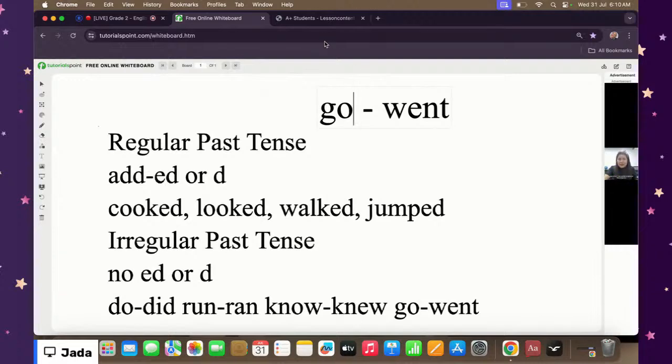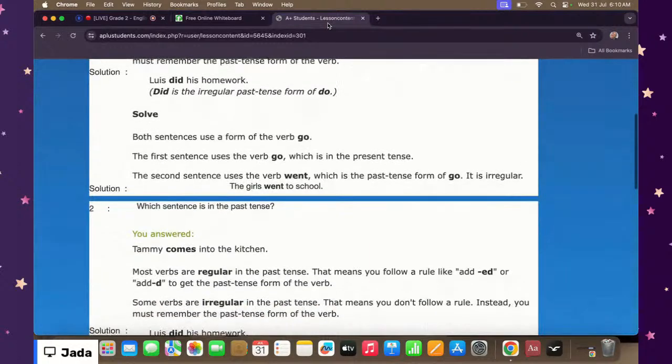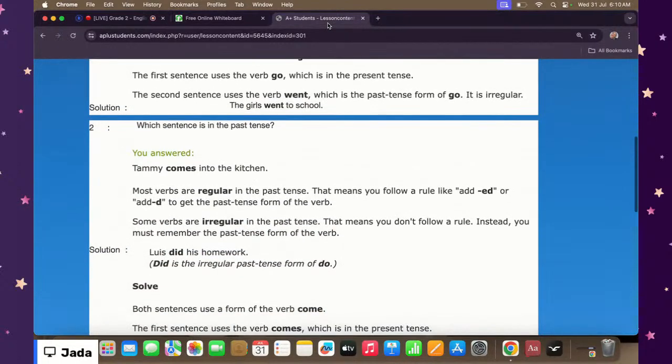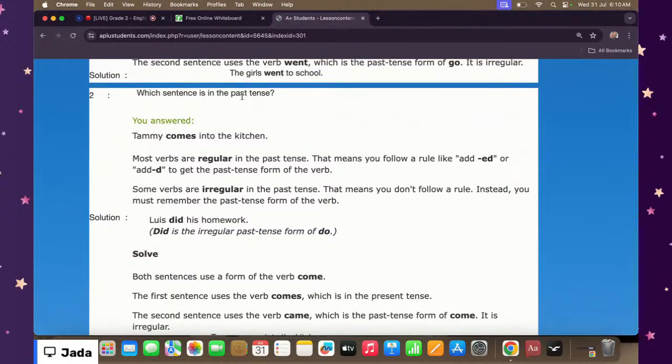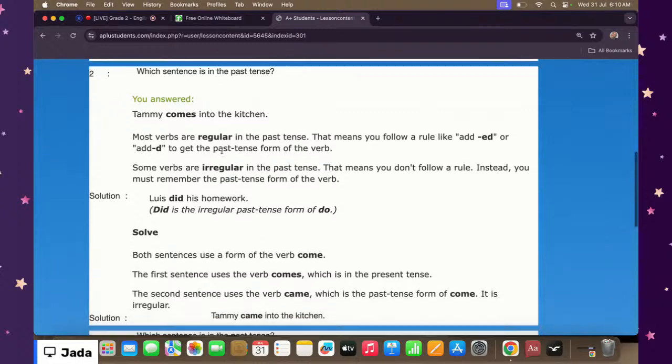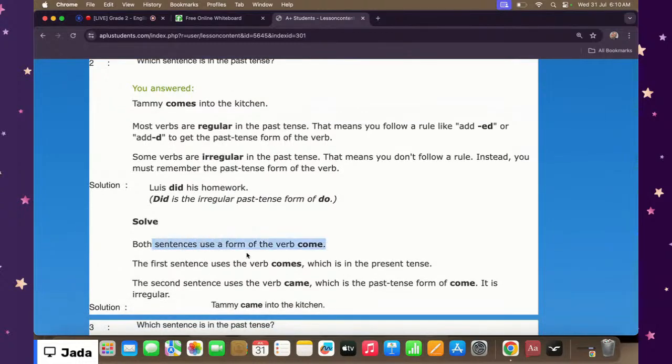All right, then we have some examples. Which sentence is in the past tense here? Which of the sentences is in the past? Now you have to look for it here. Both sentences use a form of the verb come, and come is the present.